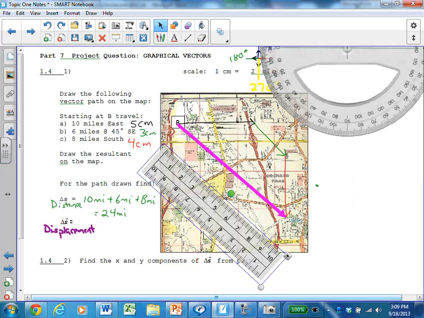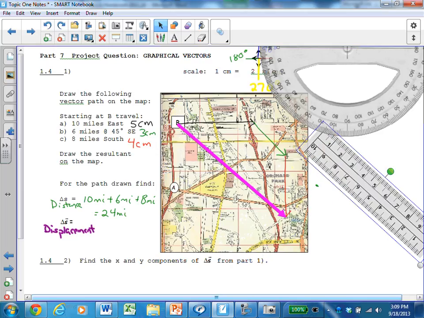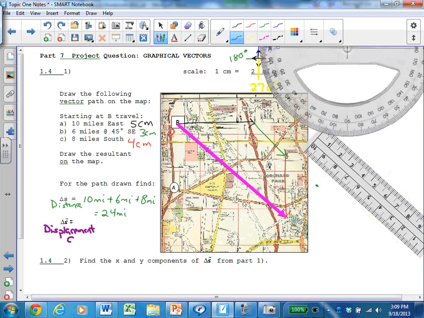And I get about 9.4 centimeters. Now, is that my displacement, 9.4 centimeters? No. I'm going to convert it first to miles. 1 centimeter is 2 miles, so that would be 18.8 miles.